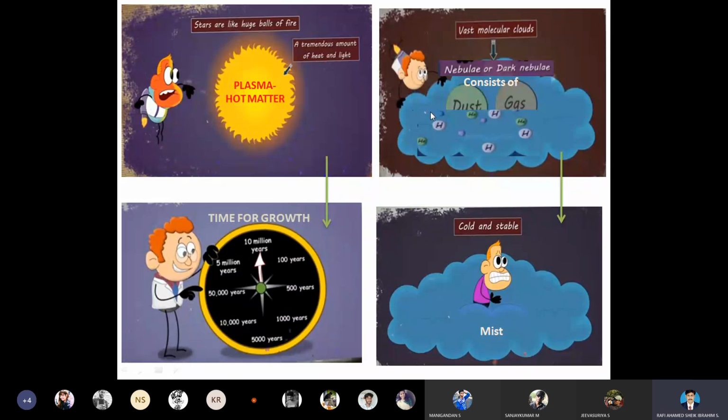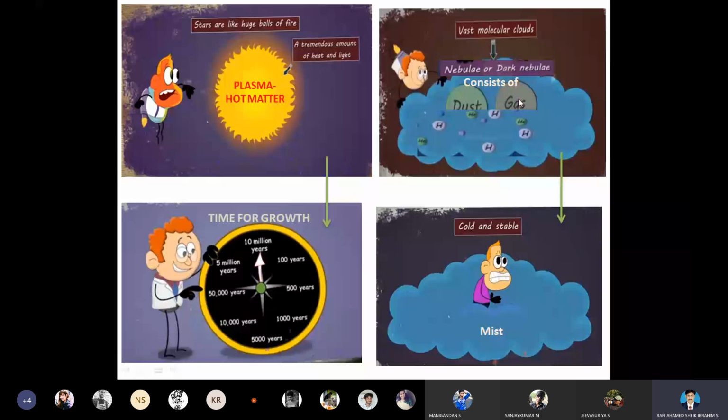The star is made from a vast molecular cloud. What is this vast molecular cloud? It is nothing but a nebula, or a dark nebula. This nebula contains dust and gas particles.